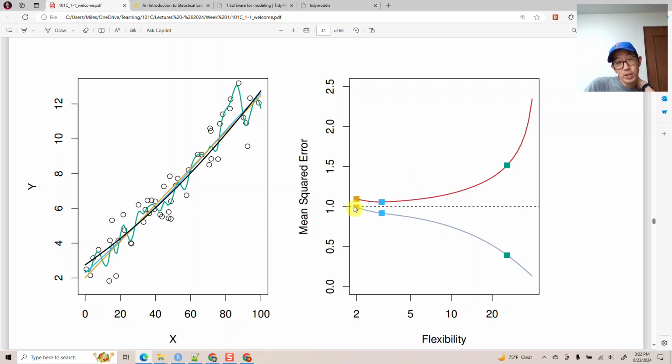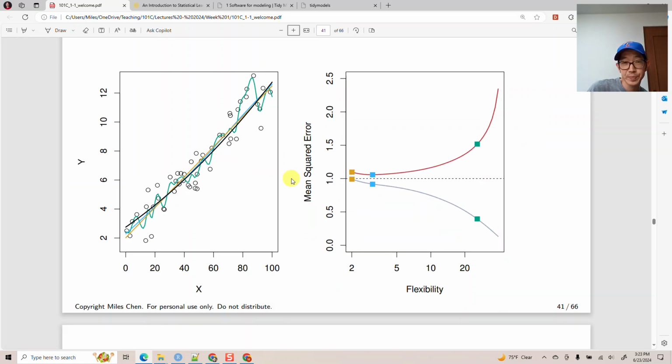So yes, we get a little bit more error, but how much more? It's not drastically different. Okay, yes, do we get better performance with the flexible thing? Sure, okay? But at this point, you might say, the linear relationship is good enough, and certainly it's easier and simpler to explain.